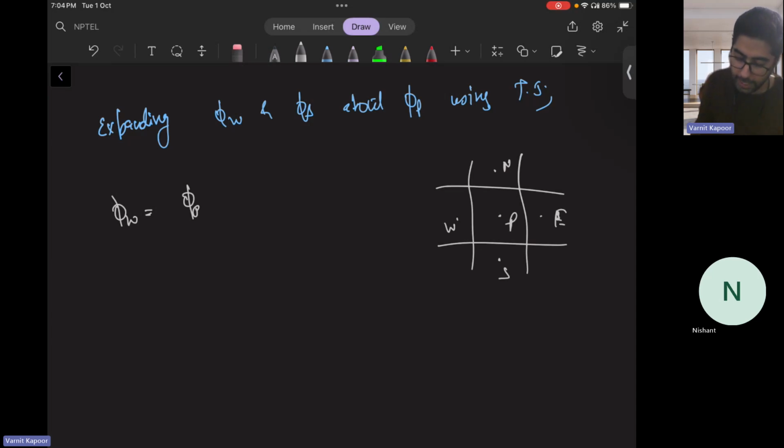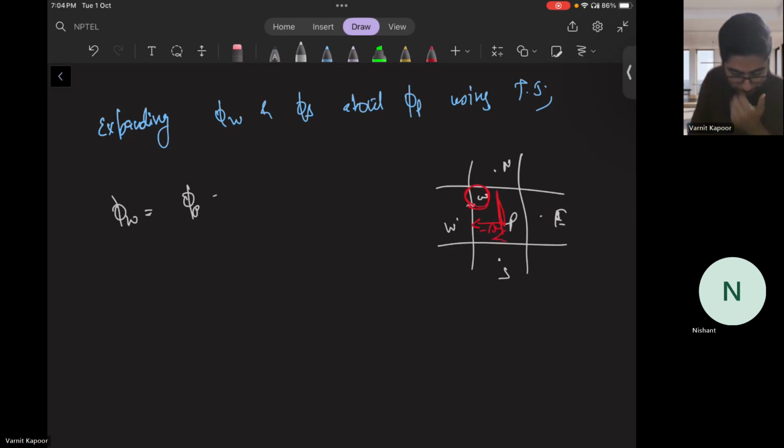So you're getting phi at west face about phi at P. About phi P, this west face is at minus del x by 2.